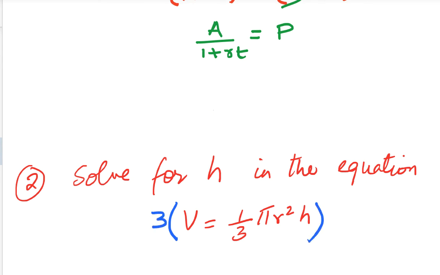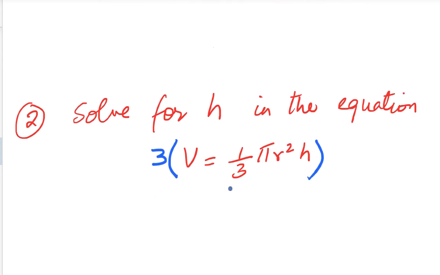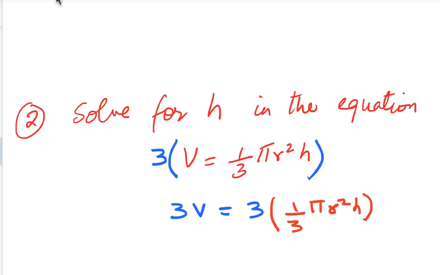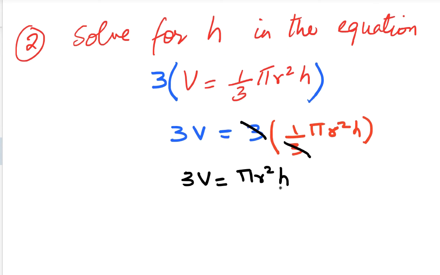Let's first cancel off the 3. Multiply this expression by 3, and what do we get? 3V = 3 times (1/3)πr²h. Clearly, this 3 and this 3 cancel out, and then we have 3V = πr²h. Now remember, we still have πr² in front of h.